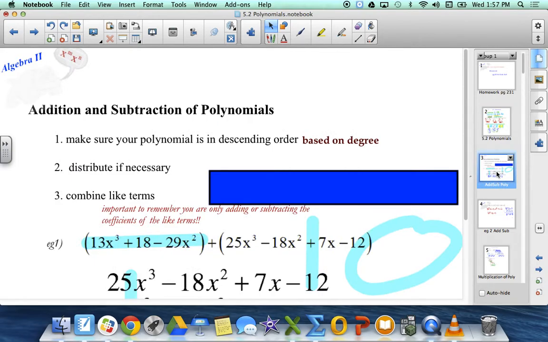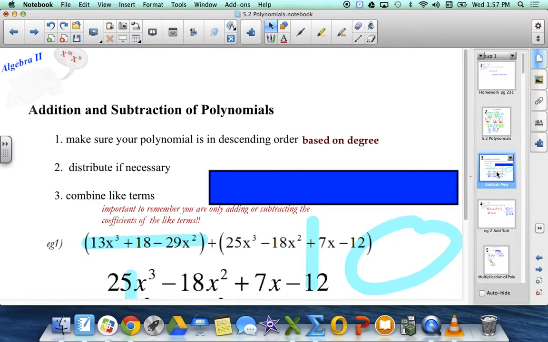So when we talk about addition and subtraction of polynomials, we want to make sure our polynomial is in descending order based on the degree. Descending order means from the largest to the smallest. It could be written in ascending order, but in general they write them in descending order. Then you want to distribute if you have to.